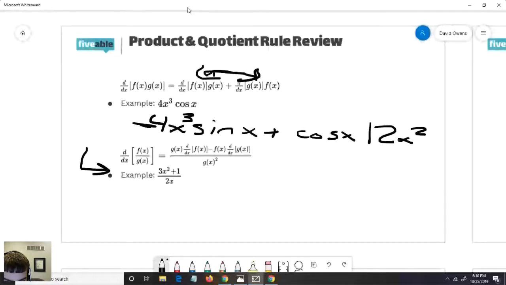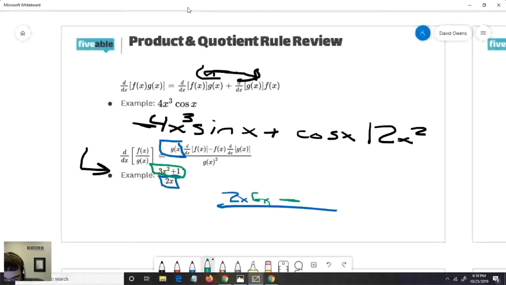So if we've got our g, which will be 2x, and our f, which will be this 3x squared plus 1, you can see that we'll have the bottom times the derivative of the top, once again a simple power function, minus the bottom times the top, which is green, times the derivative of the bottom, which is 2, over the bottom squared.